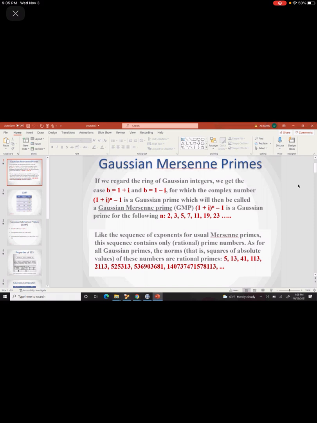But they do not always give you a prime number, which means that when you multiply this ring of integers by its own complex conjugate at the very end, which gives you the norm or the magnitude of that number in the domain of real numbers, that number becomes a prime number. Okay?